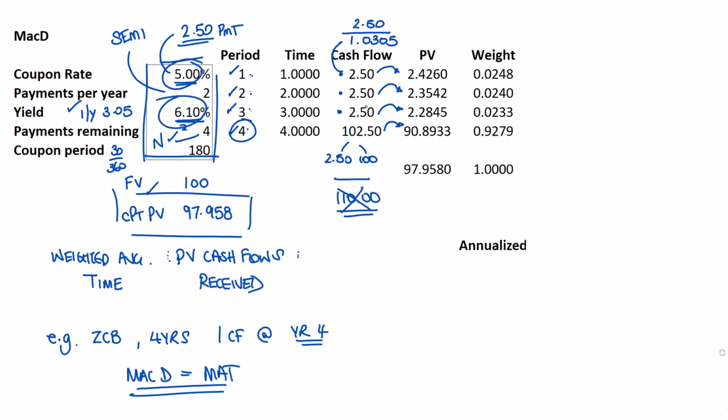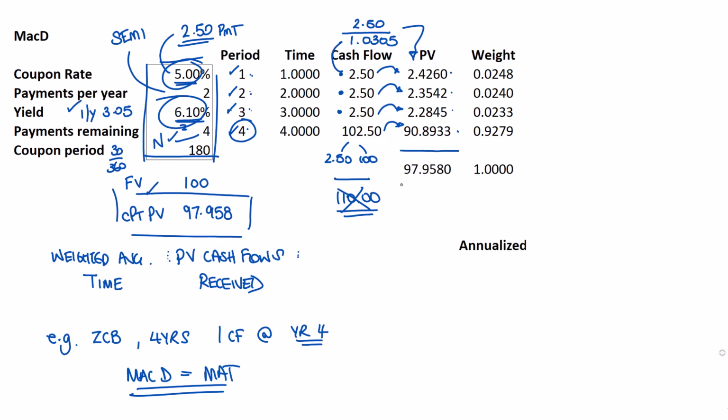Discounted at 3.05, you will get a PV of 2.426. Divide that second 2.50 by 1.0305 squared, and you would get 2.35 and so on.